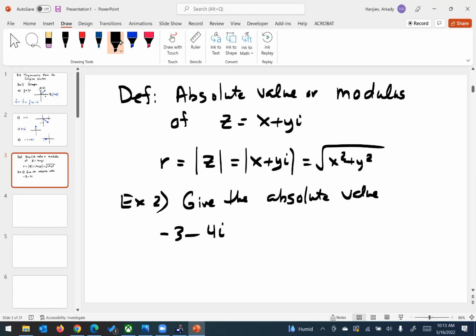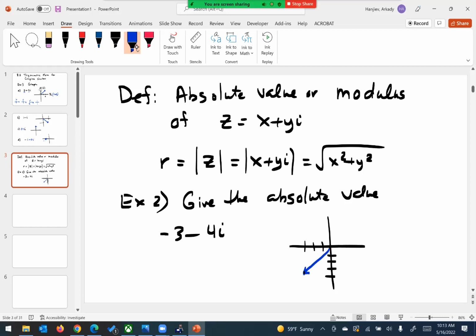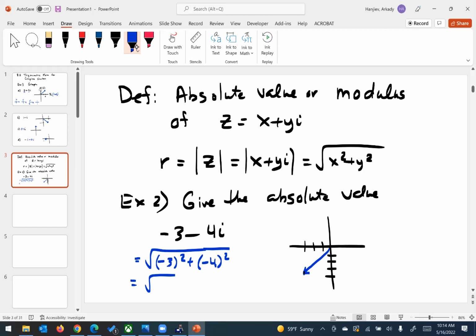All right, and even if we graph it like this right here, we go 1, 2, 3, 1, 2, 3, 4. Anybody got an answer yet? We put it in square roots, 9 plus 16, so there's 25, so 5. Absolutely.